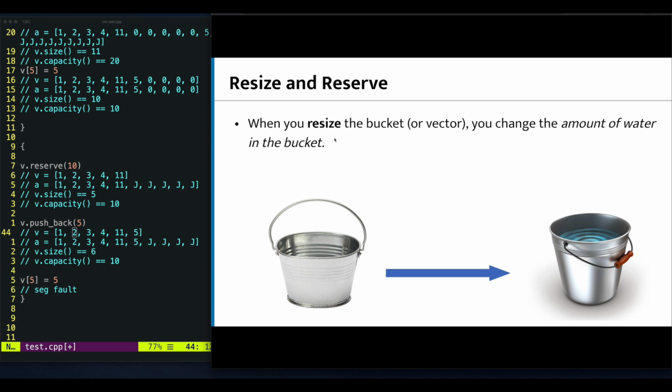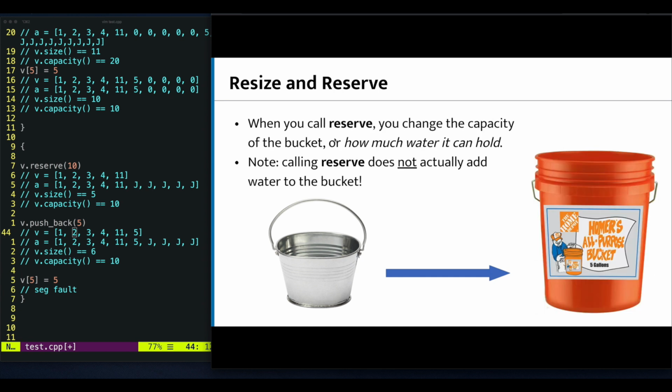We pour in our old water, and we're also filling up the bucket at the same time with more water. When we reserve, we change the bucket. We put in all our old water, but we don't add any new water. So the volume of the water inside doesn't change. The number of valid elements inside the vector doesn't change, but the size of our container does, and the available volume for new elements does change.